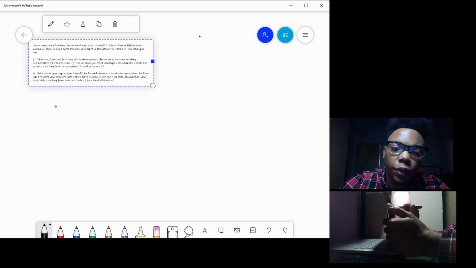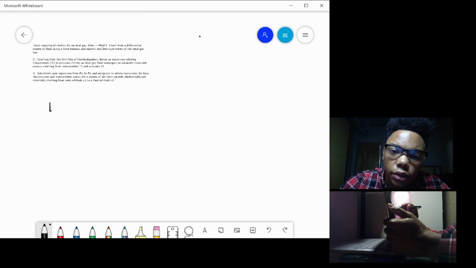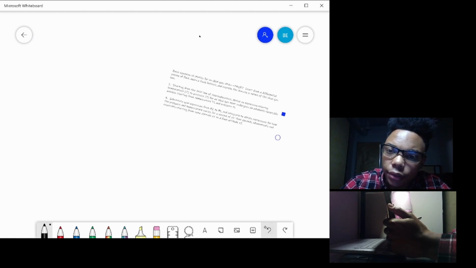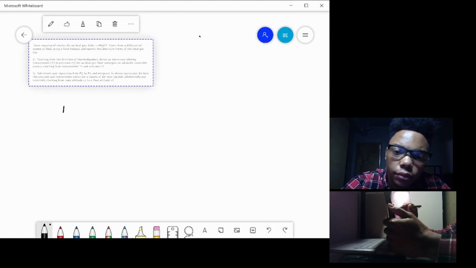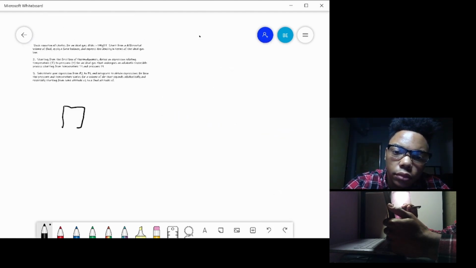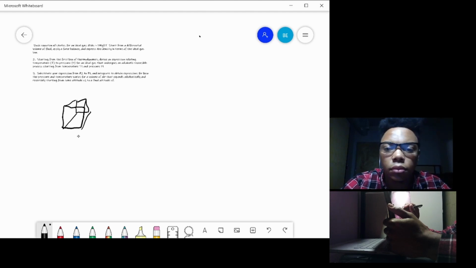So let's say that we have some fluid, some liquid. Let me draw it better. Some fluid slash liquid, and the thickness of it is dz.